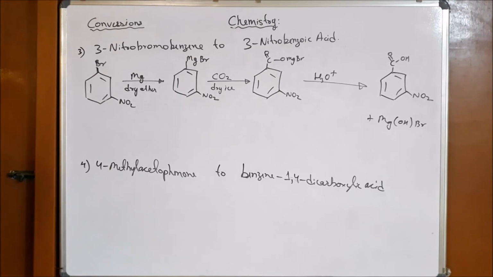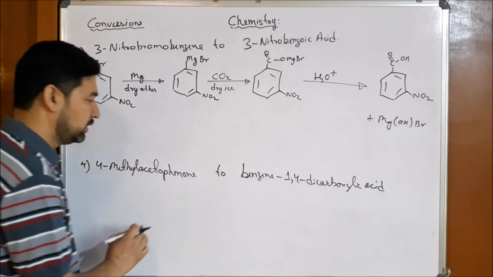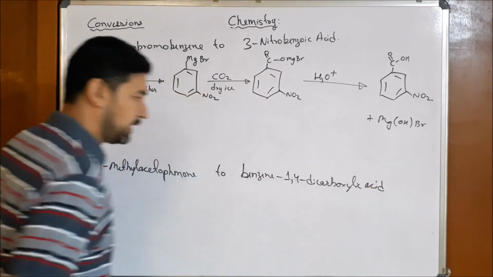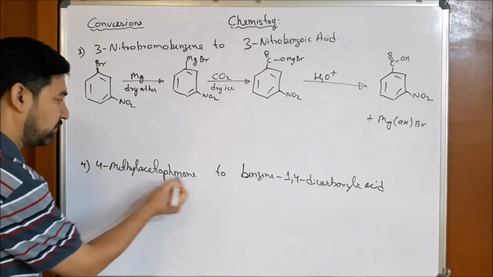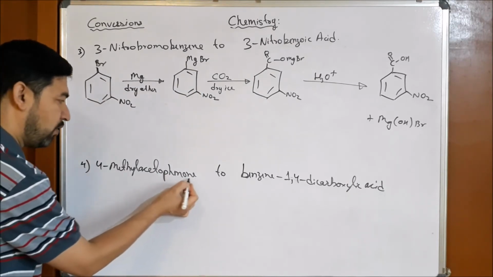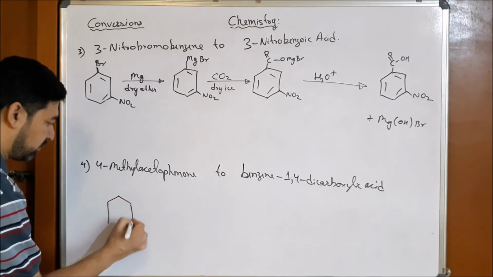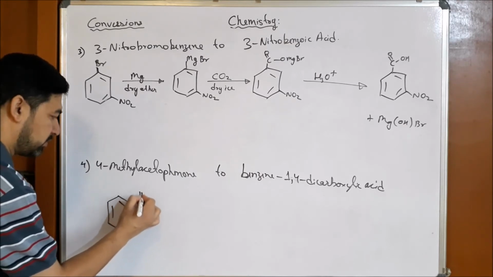The next conversion I have written here is 4-methyl acetophenone to benzene 1,4-dicarboxylic acid. So first we'll draw the structure. Acetophenone: the aceto group is there and phenone, right?